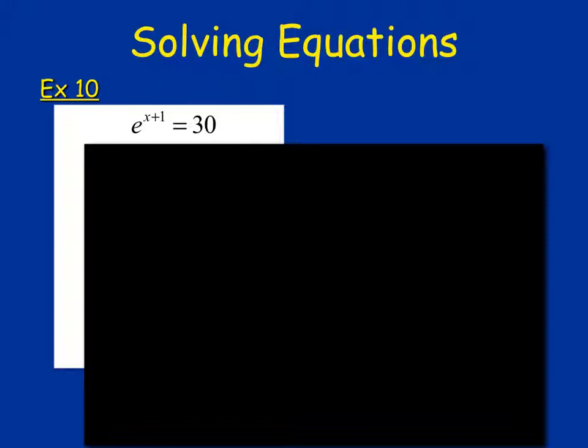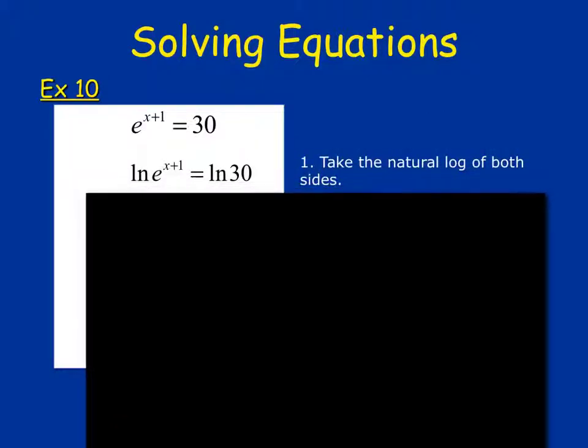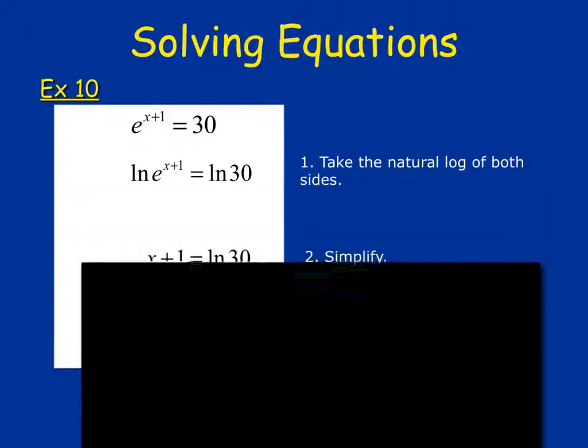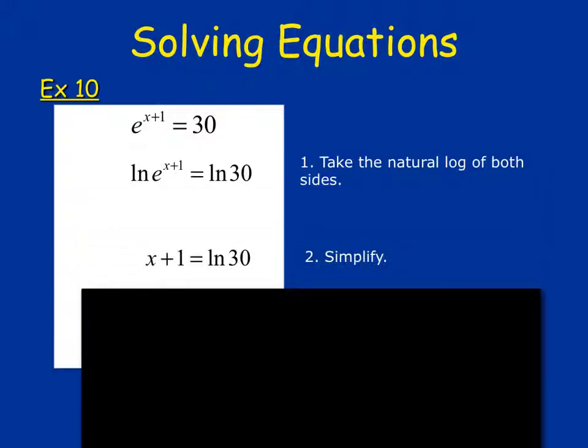What you're going to do is now you're going to take the natural log of both sides, right? Because we want to get rid of this e, and we want to bring that x down. So if we take the natural log of both sides, what happens? Well, the natural log of e, this right here, cancels out, and that comes down. Or you can just simply replace this whole thing with that exponent. Okay? And so what you end up with is x plus 1 equal to the natural log of 30.